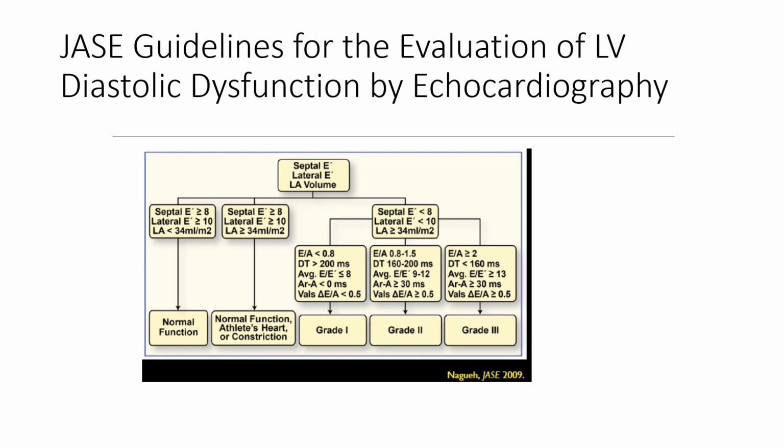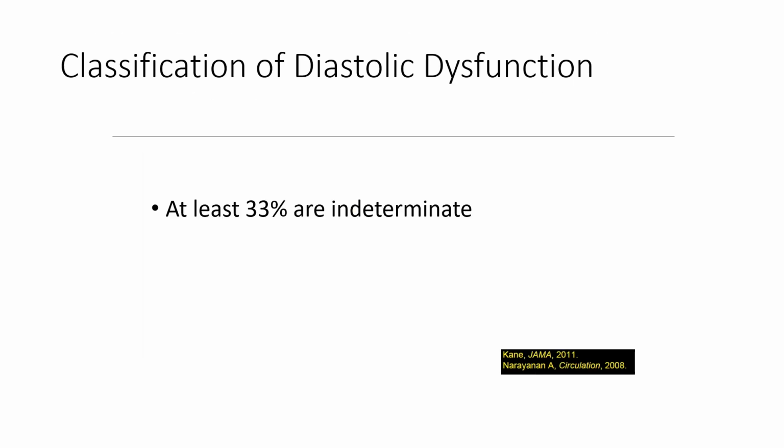You can see that it's not a very simple algorithm, clearly, and this is in patients with a normal EF. So it probably wouldn't surprise you when a study finds that at least 33% of echocardiographers call diastolic dysfunction indeterminate.